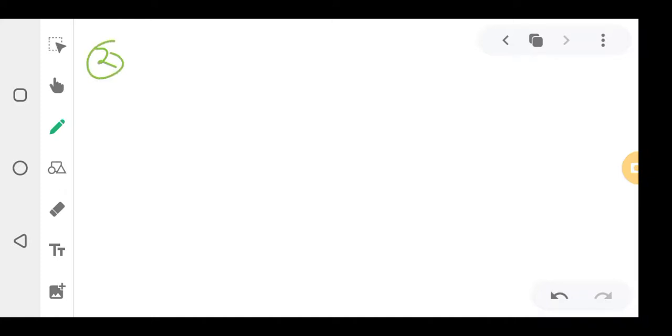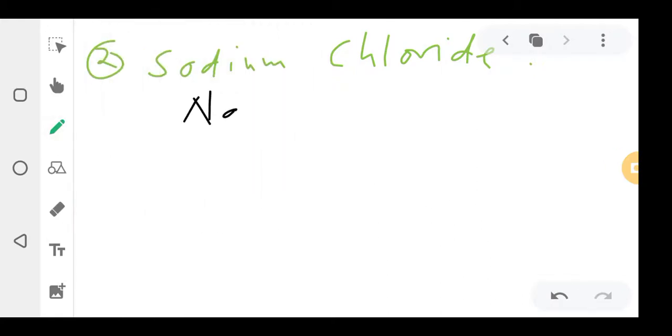The next part is sodium chloride. The first thing is you look for the chemical symbol, which is Na. Chloride is Cl.